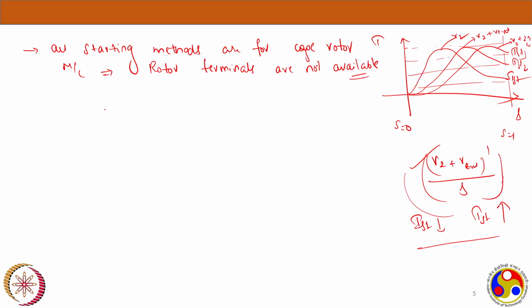If rotor terminals are available, like for the slip ring or wound rotor, you can just insert external resistances that will limit the starting current, because impedance will go up, and even the starting torque will improve.